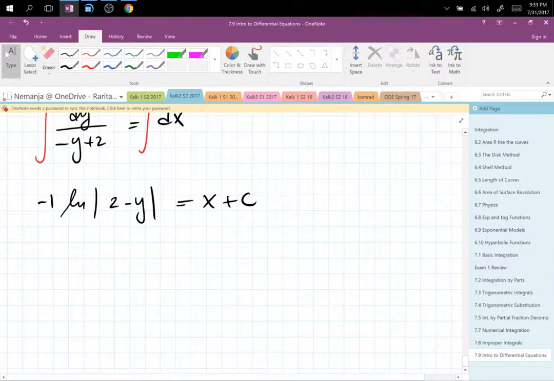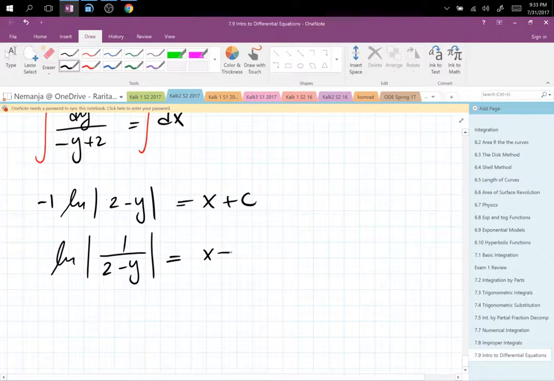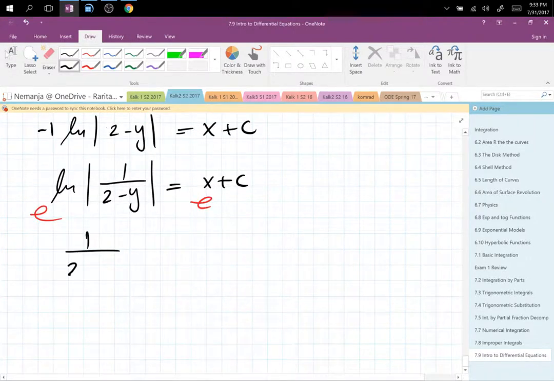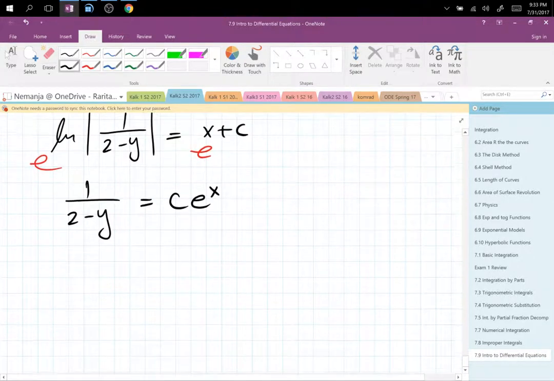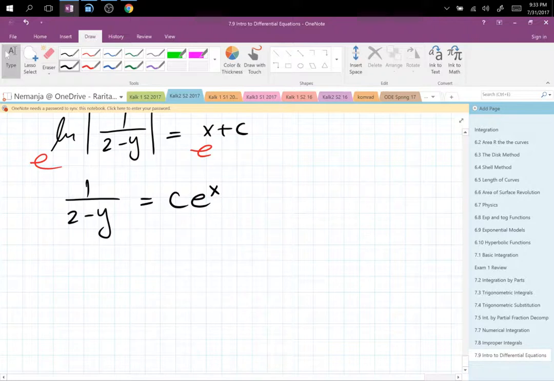And then this negative 1 will make it ln of 1 over 2 minus y equals x plus c. And then 1 over 2 minus y is equal to just c e to the x. Flip both sides, so we have 2 minus y is equal to c over e to the x.